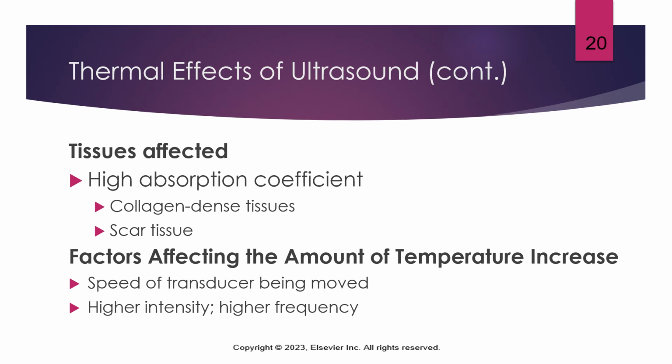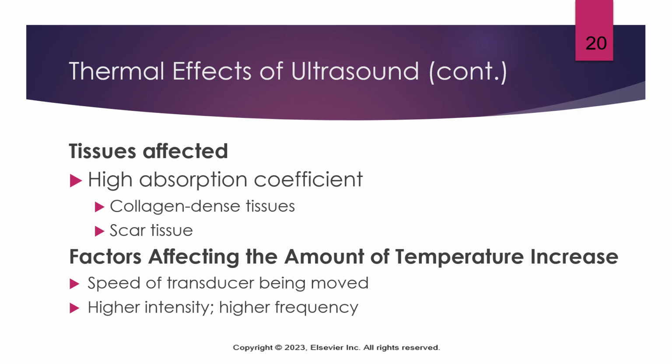As far as factors that affect the amount of temperature increase, really two things affect it. The first is the speed at which you move that transducer head. If you're just putting the transducer head over an area and you're not moving it, there's more of a chance that you're going to concentrate heat into one area, which can cause overheating, discomfort, burns, things along that line.